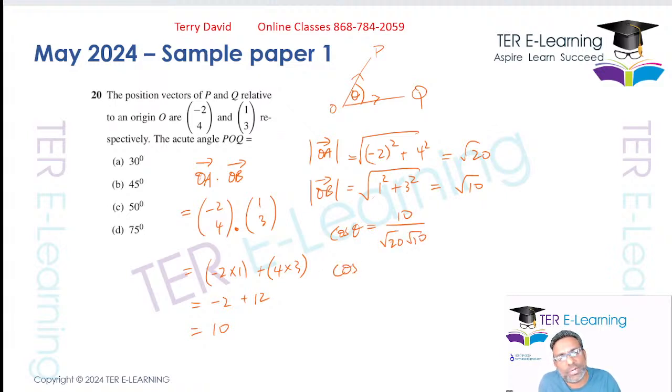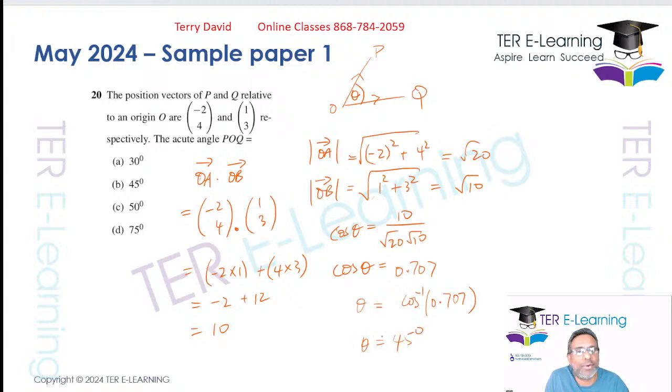Therefore cos theta is equal to this, and when you work this out here, you're going to get 0.707. Therefore theta is equal to arc cos 0.707, so theta is 45 degrees. So the answer is going to be B. All right, the answer is B.